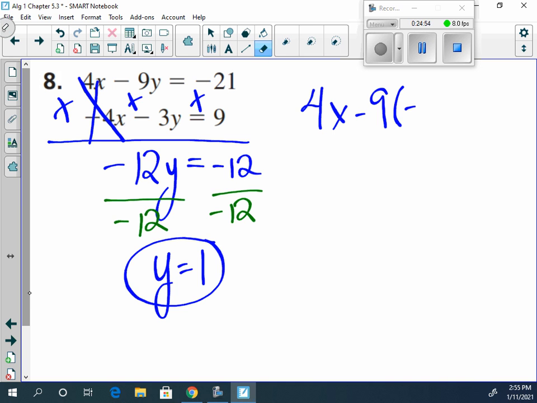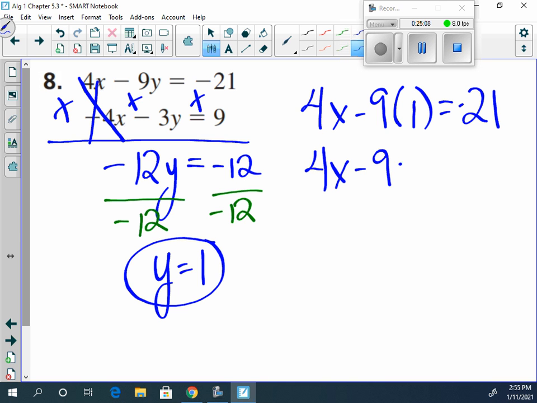Now, I'm just going to use the top equation and plug 1 in for y and solve for x. So 4x minus 9 times 1 equals negative 21. Well, 9 times 1 is just 9. Now we need to get x by itself, and to get x by itself, we're going to do what to both sides?